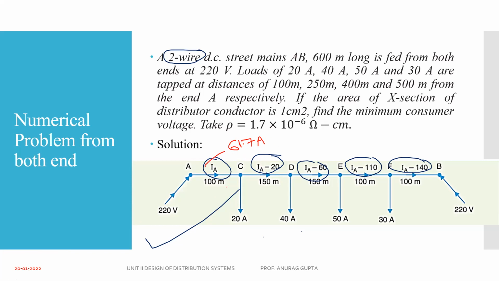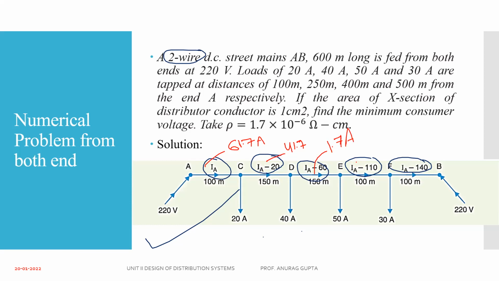Now, if I apply the IA value in all parameters, I get only 41.7 here, and in this section I get only 1.7 ampere.